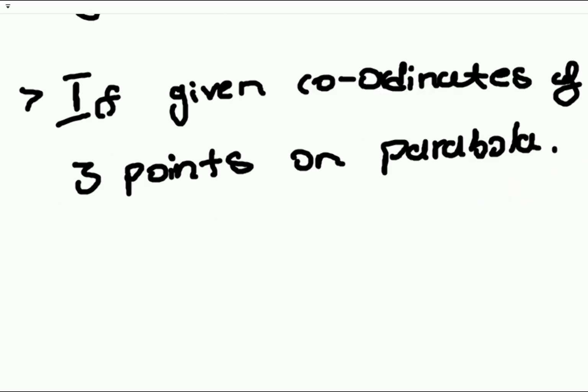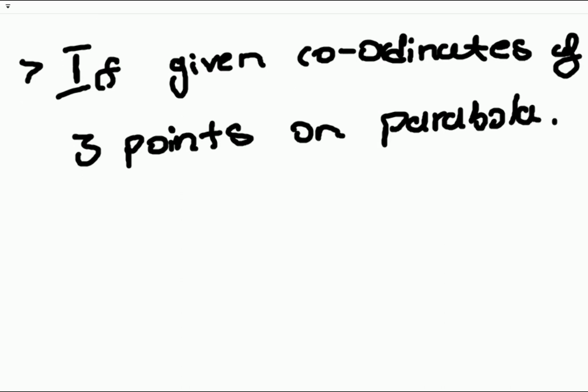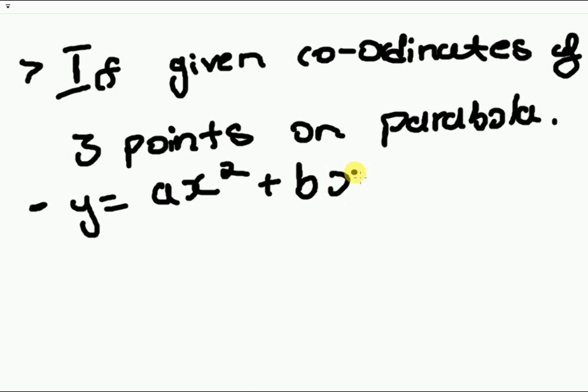If you're given 3 points on the parabola, this is the formula that you will have to use, which is y is equal to ax squared plus bx plus c. If you can remember, this is the general formula for the parabola or the quadratic equation.